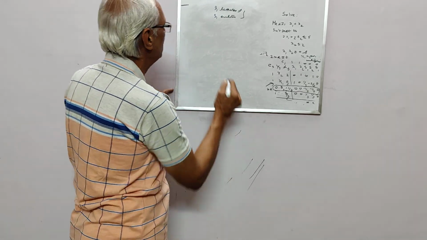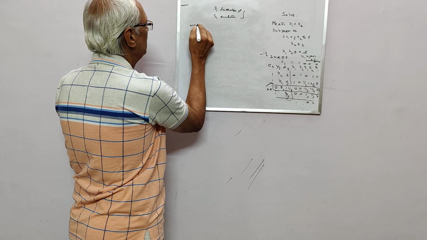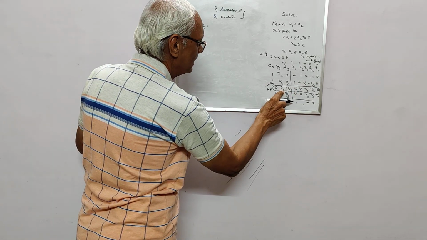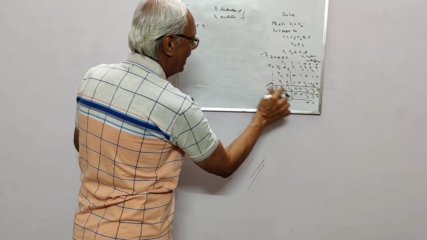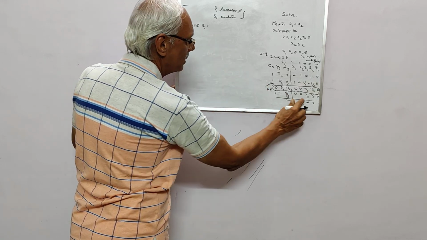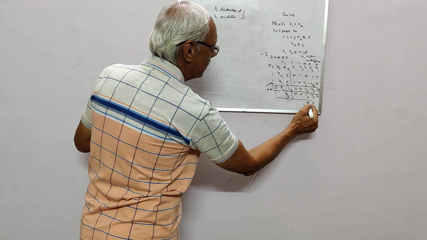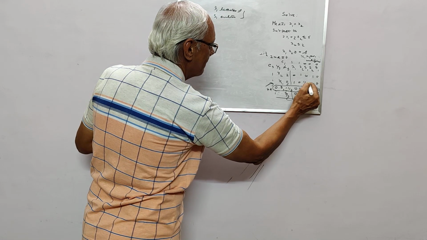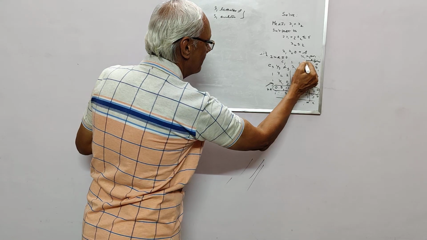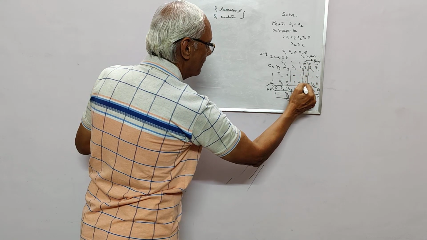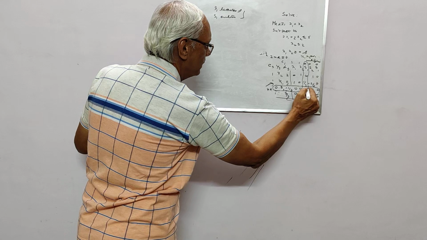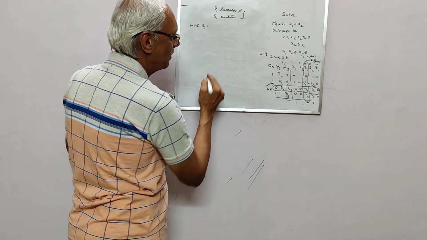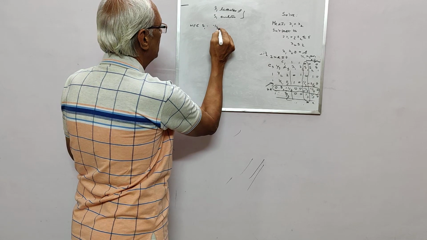So what will you get here? The new pivot equation is S1. Take this G1 and divide throughout by, see what is this one? This is your key element, it is minus 1 by 3.